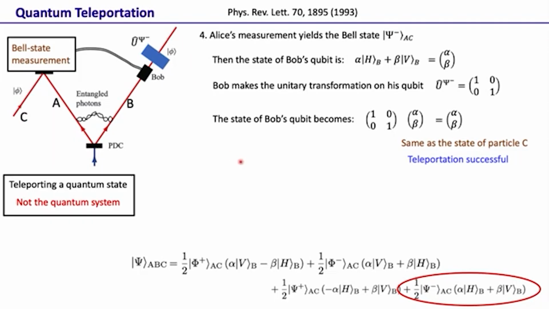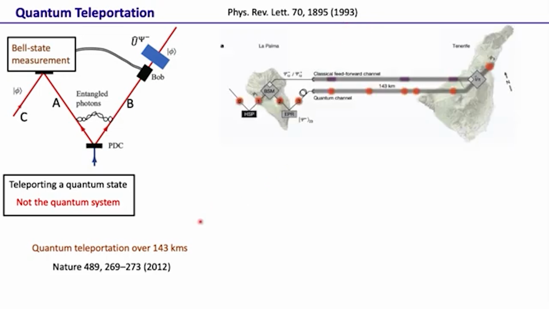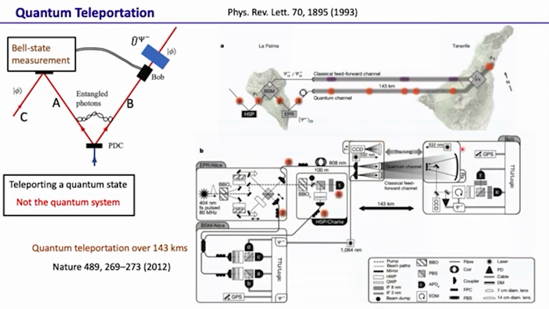In quantum information, teleportation is very useful and has a lot of further potential applications, and in fact this was proposed in 1993. A very convincing demonstration of quantum teleportation was done in 2012, over 143 kilometers, and this is the experimental setup.